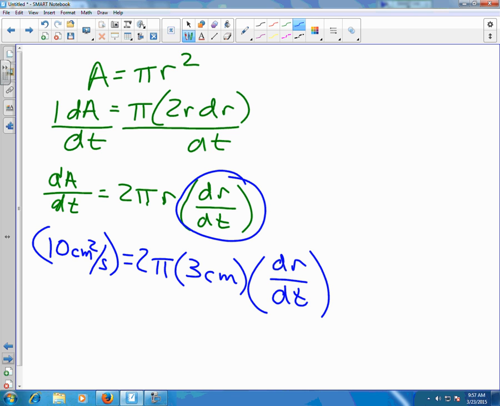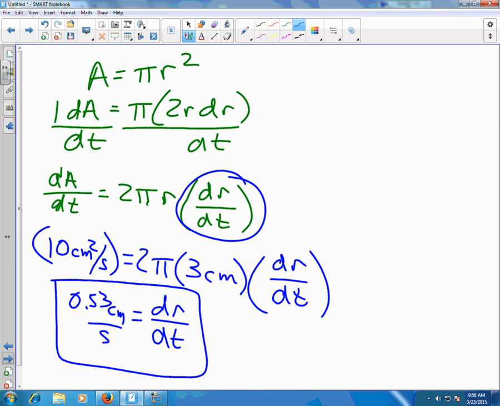And you should get that the radius is changing by about half a centimeter per second.